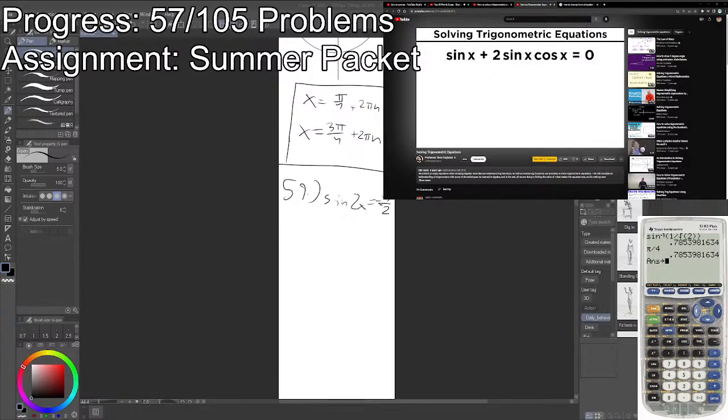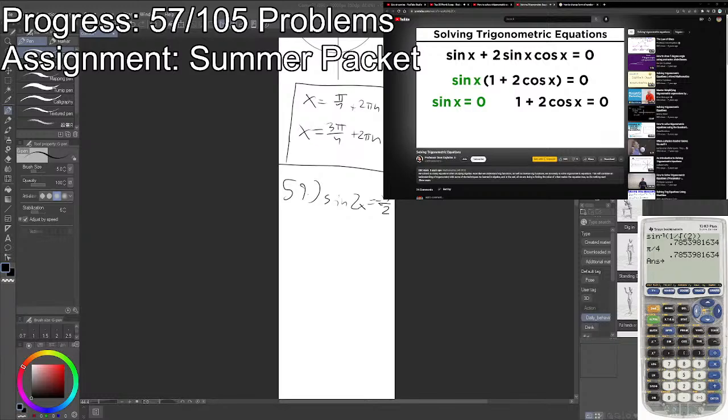There are other situations where we will have to factor in a different way. Take sine x plus 2 sine x cosine x, solving for the interval from 0 to 2 pi. These two terms have sine x in common, so let's factor it out. That leaves us with sine x times the quantity 1 plus 2 cosine x.